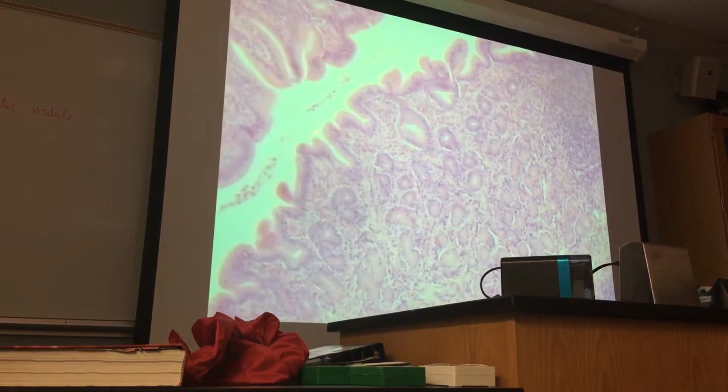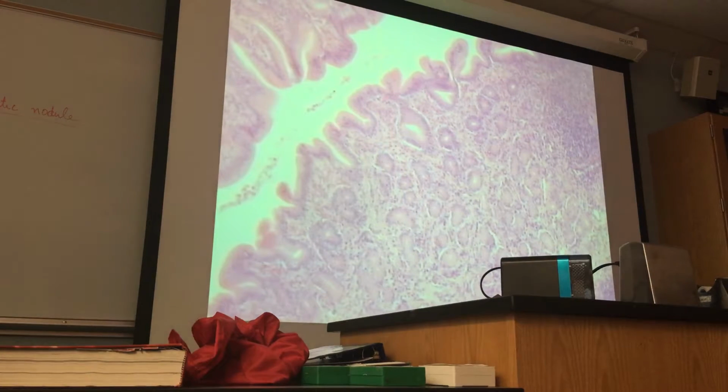This is the opening of the gastric pit. If you follow the gastric pit, it ends up in gastric gland. These are gastric glands, okay? Because this is a cross section, the glands have been cut. They appear circular. This is gastric pit.